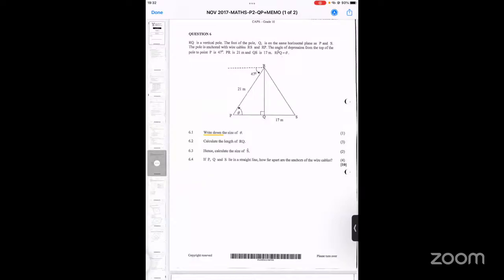Sir, I just want to say that I'm not confident about this answer, but I tried. Okay, let's see what you've done. Sir, I assumed that the distance of QS is the same as the distance of PQ.